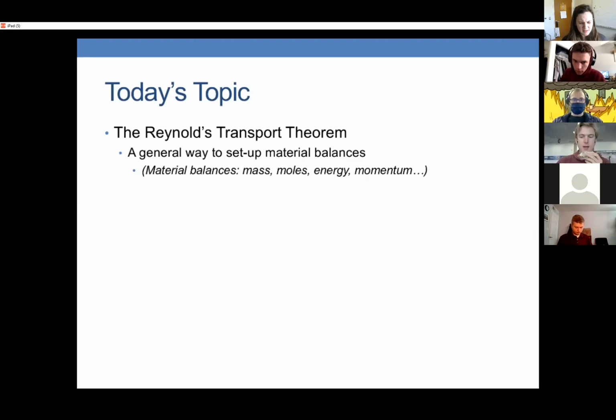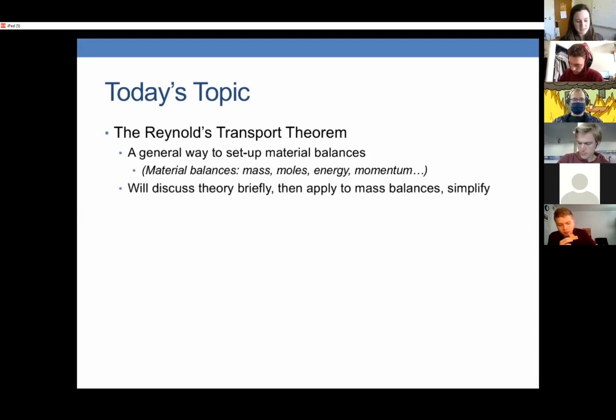But so a material balance is balances of things like mass or moles or energy or momentum, anything where there's sort of an amount of stuff that's maybe flowing in and out and accumulating and being generated or destroyed, all that junk. Okay, so we're going to discuss the theory of this in the Reynolds transport theorem very briefly, and then we're going to apply it to mass balances and simplify.